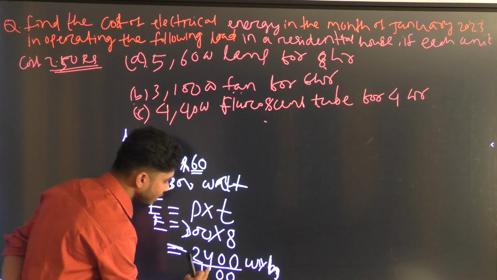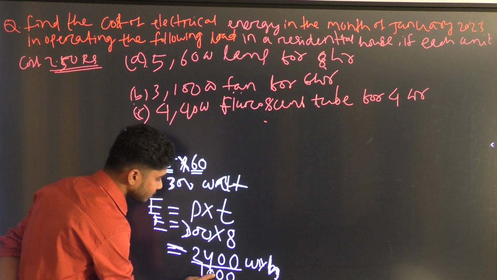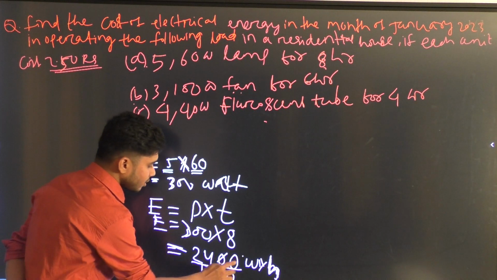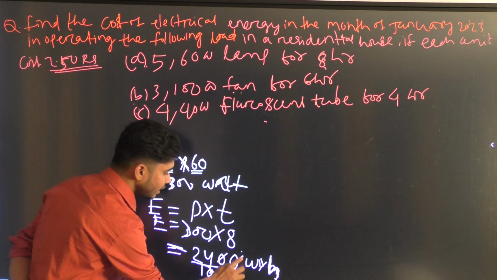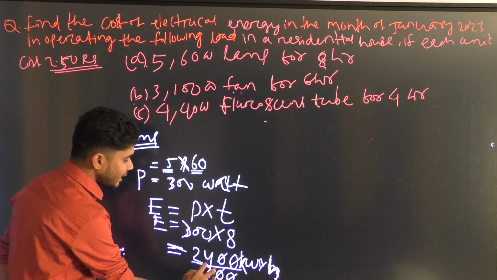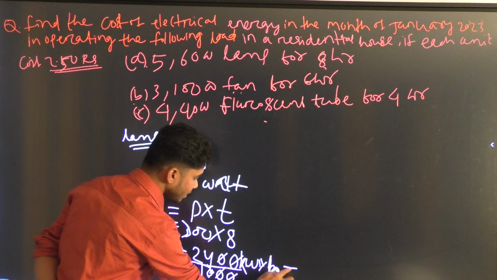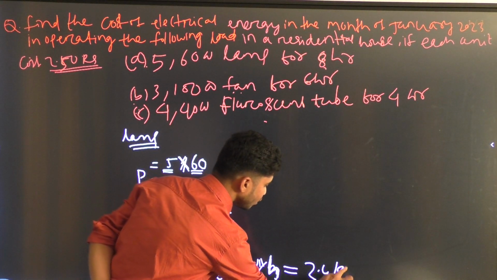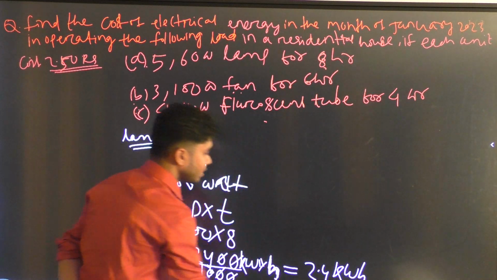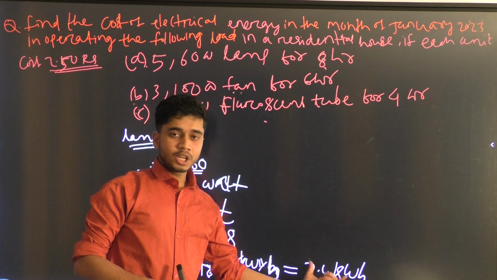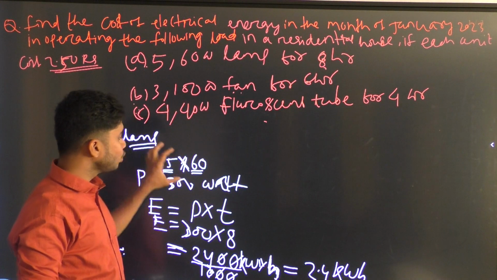Now I can say that 2400 by 1000 kilowatt hour is nothing but 2.4 kilowatt hour. 2.4 kilowatt hour is the amount of energy required by the lamp load itself.